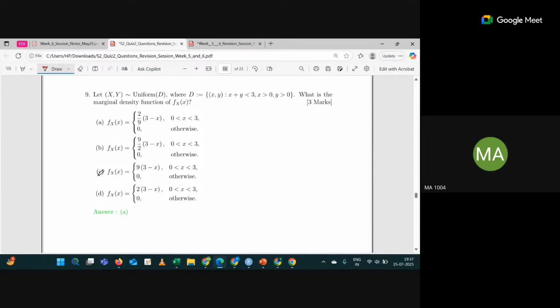So basically, marginal is something you have to calculate. You have to integrate the joint PDF. Suppose you want to calculate the marginal density of x, then you have to integrate the joint density with respect to y. So first here you have to calculate the joint density of x and y, then the marginal density of x.